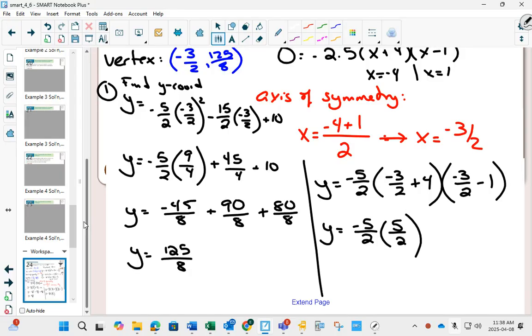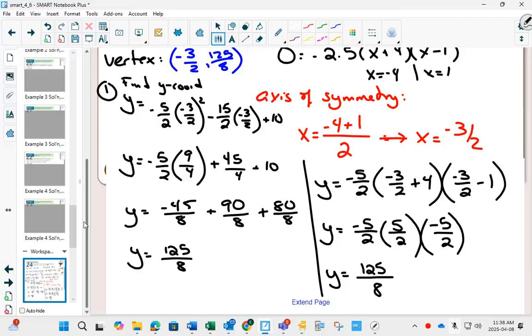And negative 3 over 2 minus 2 over 2 is negative 5 over 2. Actually, the mental math looks a little bit easier here. This will be 5 times 5 times 5, 125, positive because of the two negatives, and 2 times 2 times 2 is 8. Maybe a little bit easier in the factored form, because you didn't have the squaring part and less common denominator stuff. Okay?